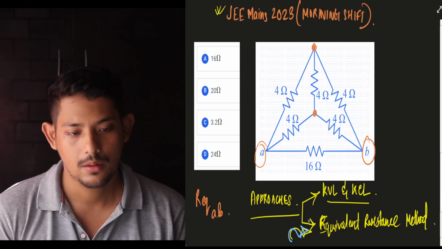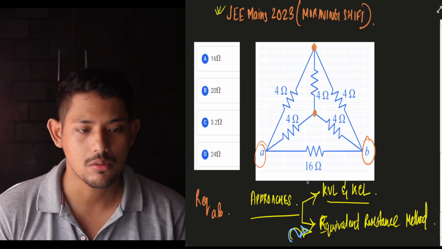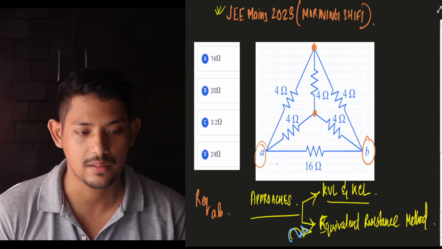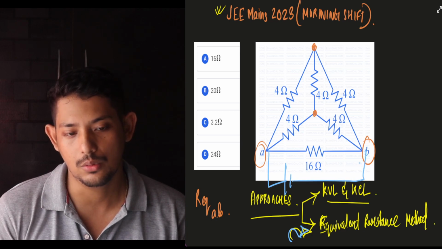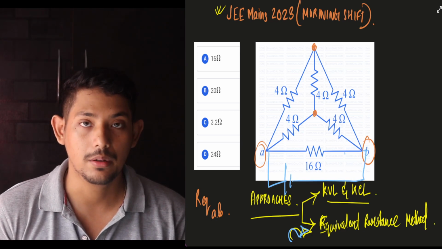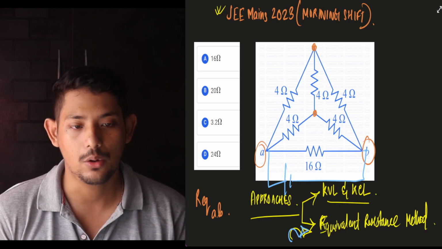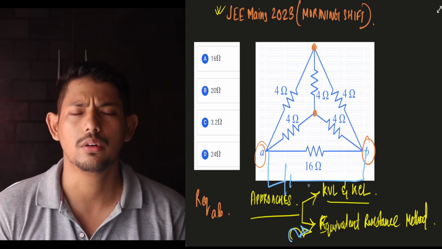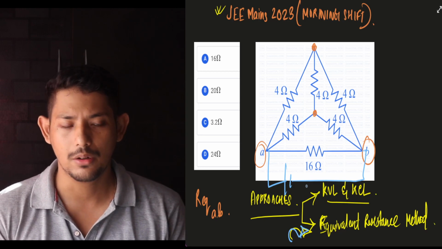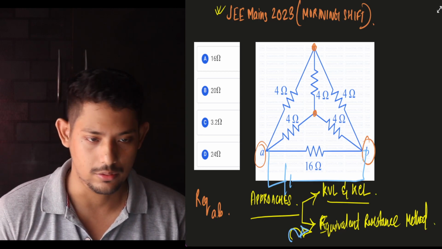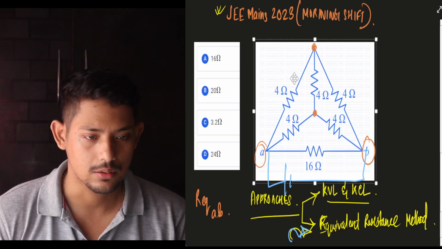For the ones who want to also solve it applying KVL KCL, you'll have to first apply a battery across these two. Only then you'll be able to find out the equivalent resistance. And if you really want me to solve it using KVL KCL, please let me know. I will help you solve it using KVL KCL also. For now, copy this question.